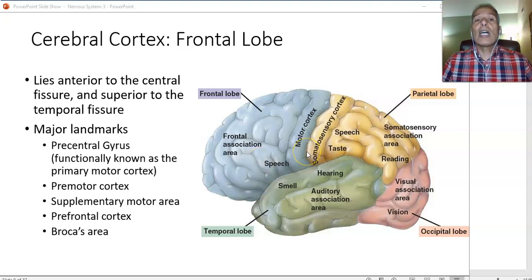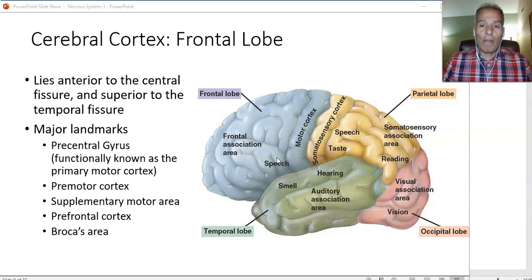And we know these as Brodmann areas. So every area that you see here has a Brodmann number that we still use. For example, this area is called Brodmann area 44, and the next area next to it, Brodmann area 45. So I'd like you to know that Broca's area is made up of Brodmann area 44 and 45.